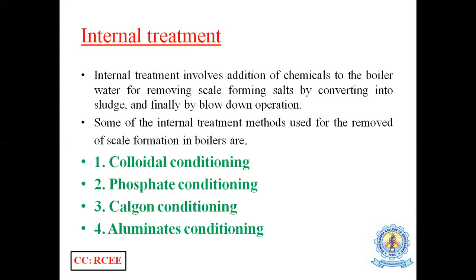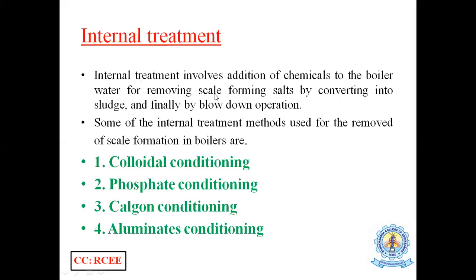Internal treatment involves the addition of some chemicals into the boiler water for preventing scale formation by the salts, converting it into sludges, and finally the blow down operation. Here, you know very well the difference between scale and sludge.